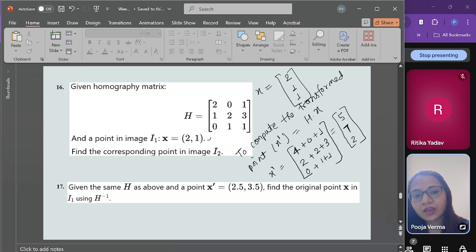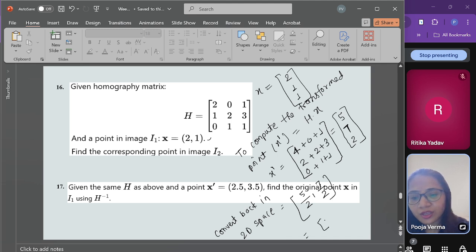Okay. Now we have got the transformed point. Now again we have to convert this point back into 2D space. So what we need to do is just 5 divided by 2 and 7 divided by 2, right?